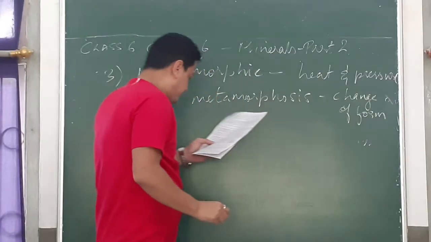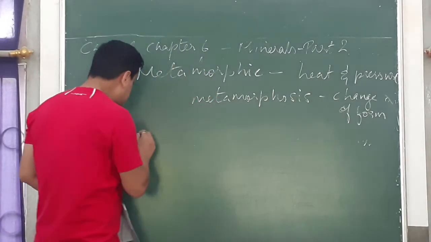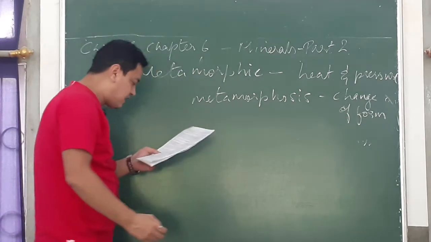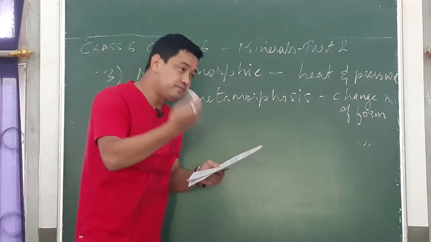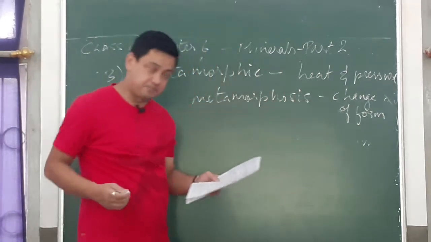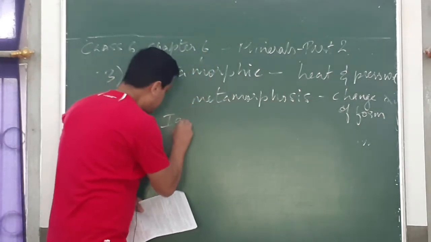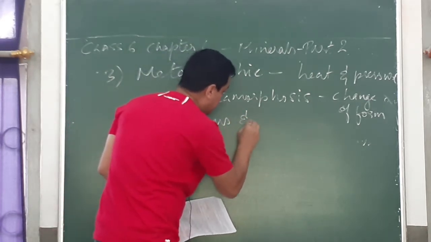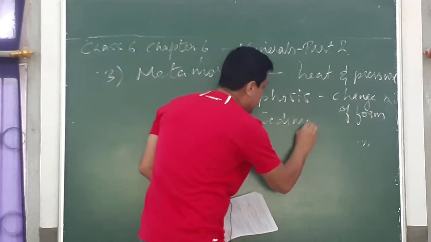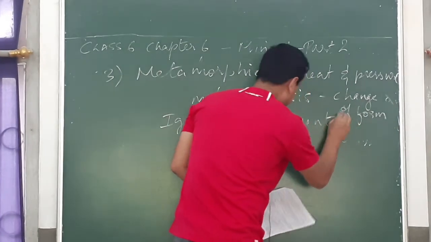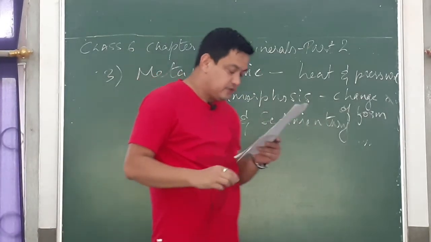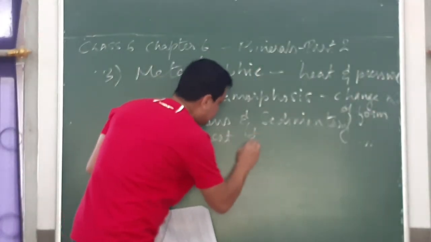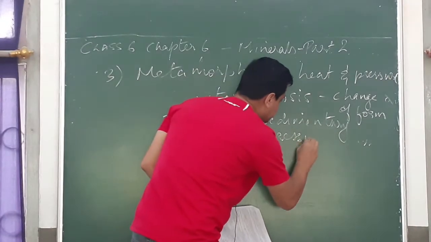When the sedimentary rock and the igneous rocks are subjected to extreme temperature, that is heat as well as pressure, they change the form.